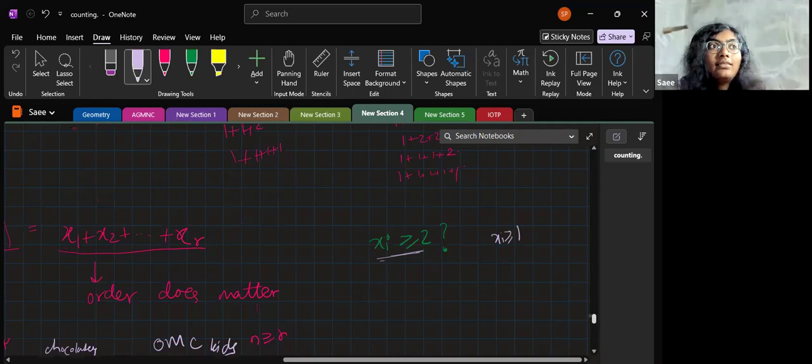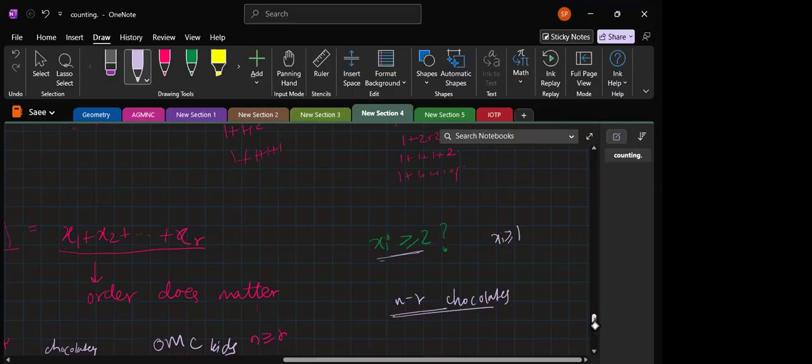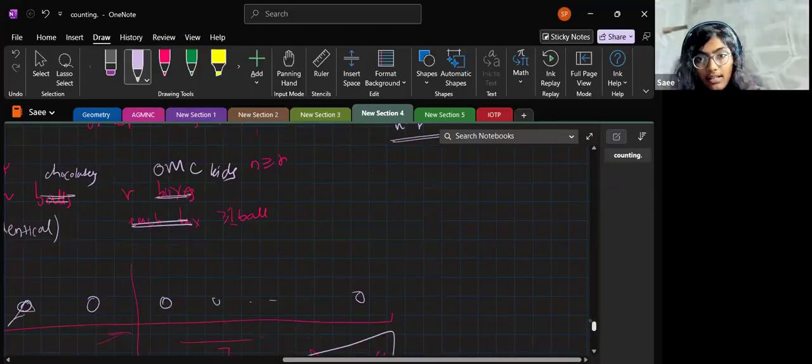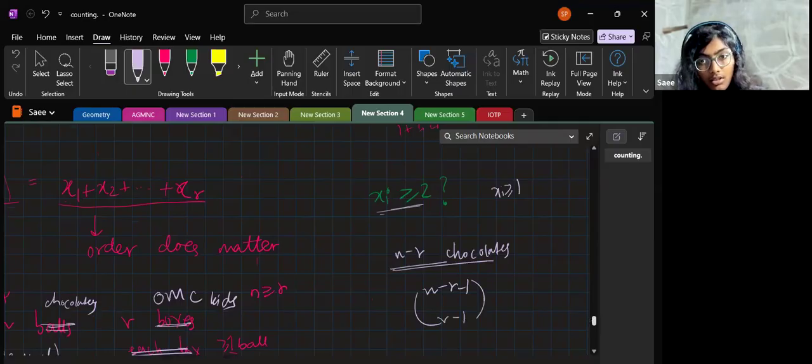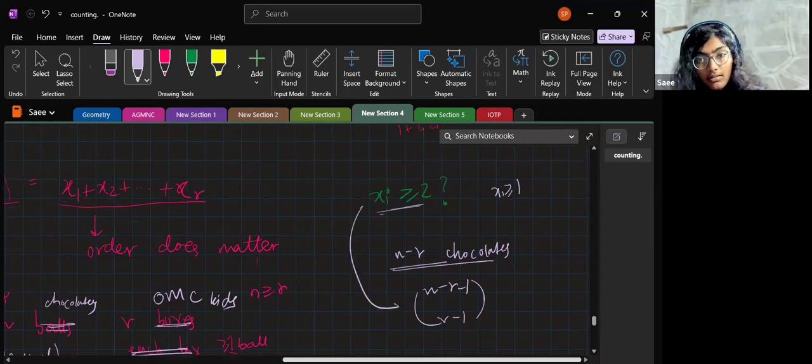Then you will have n minus r chocolates remaining. Now you can distribute these n minus r chocolates so that everybody gets at least 1, and then it's the same as before. So the number of ways will be n minus r minus 1 choose r minus 1.